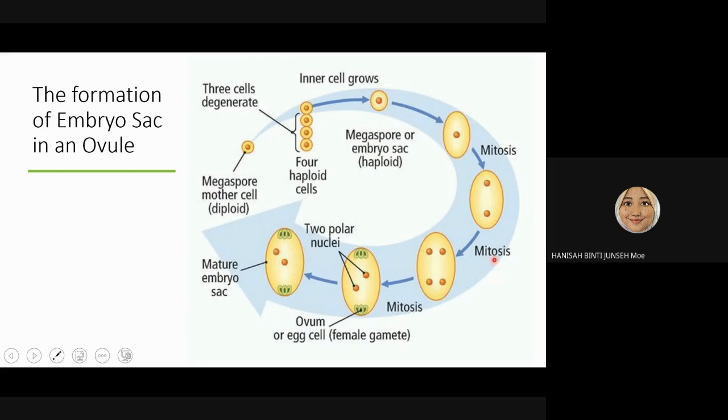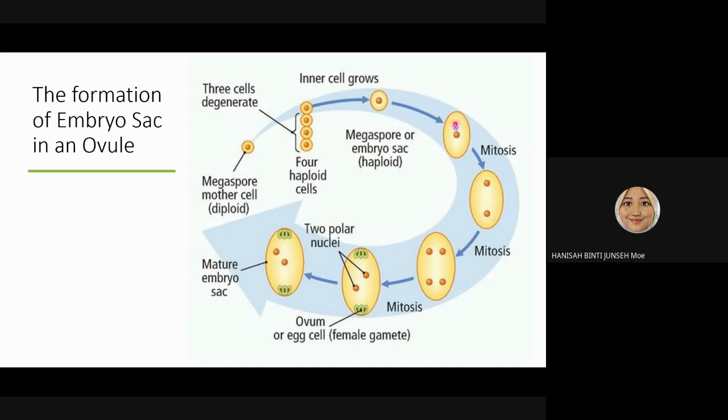That pollen grain tadi masa microspore dia meiosis, lepas tu mitosis, terus jadi pollen grain kan. Tapi this megaspore undergoes meiosis 1 time and then undergoes mitosis 3 times. Why is that? It is in order to produce 8 cells, 8 nuclei.